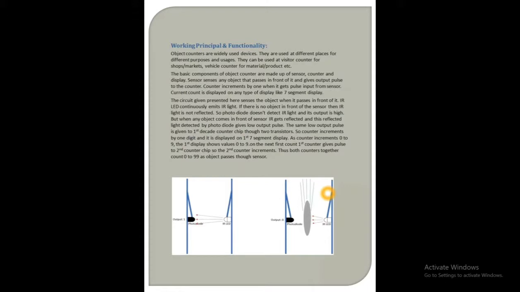Then the first display goes back to 0, making it 10. Then the first display keeps incrementing from 0 to 9 again, and it goes like a loop till 99.